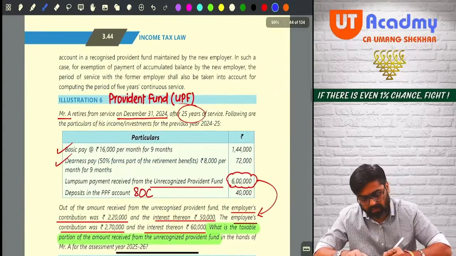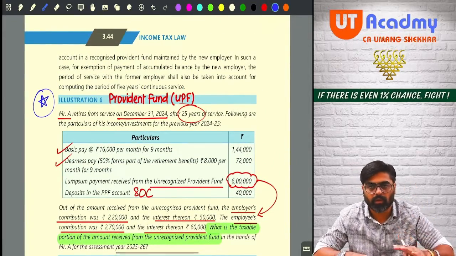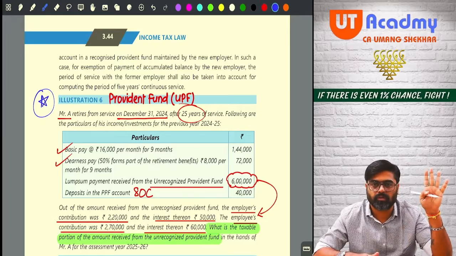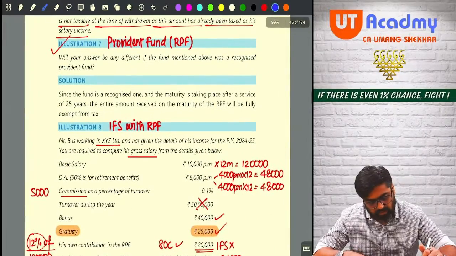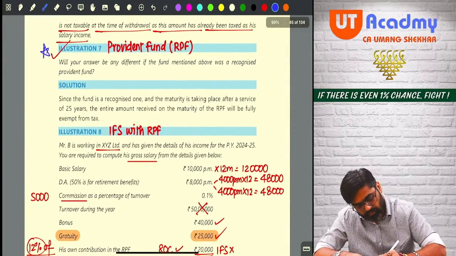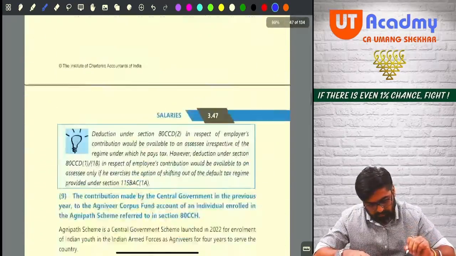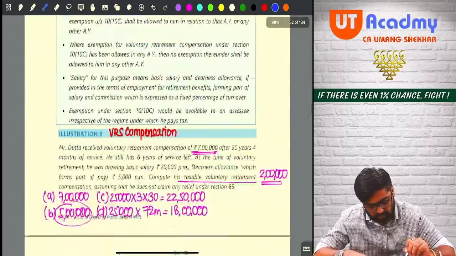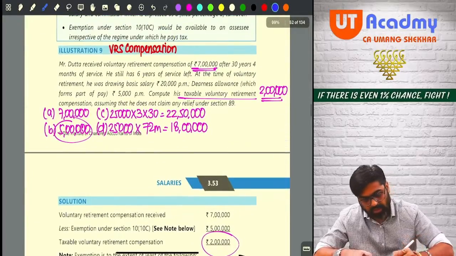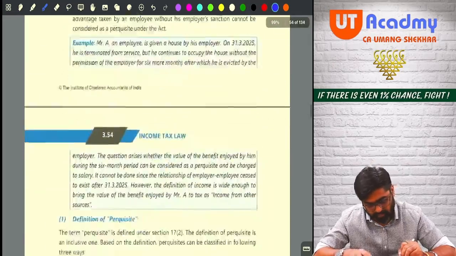6 is not done. 6 we will do later after doing the PF concept. So let's wait for the PF concept to get over. Then we are going to cover the sixth one. Sixth we will wait. Seventh also we will wait. And eighth also we will wait. Then I guess the ninth one is done, if I'm not wrong. Ninth is VRS compensation. We have already completed it. Ninth is done.